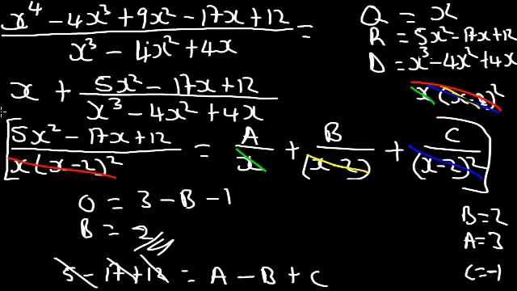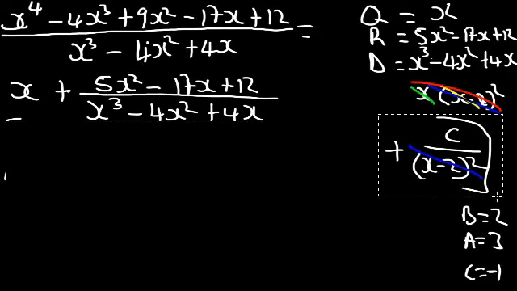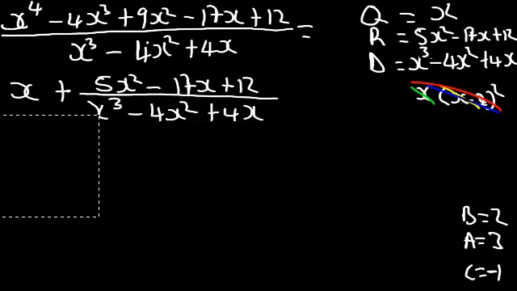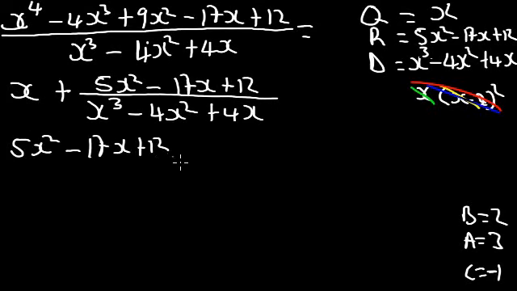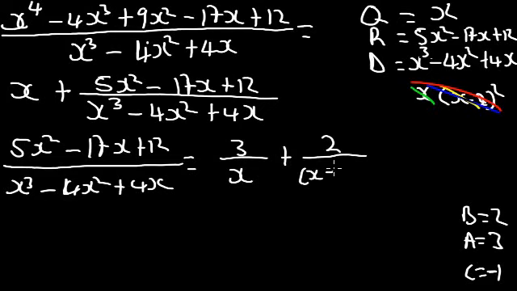Now we can write the whole answer, okay, the final answer. So this fraction, 5x squared minus 17x plus 12 divided by x cubed minus 4x squared plus 4x, has been decomposed, split to 3 divided by x, then plus 2 divided by x minus 2.